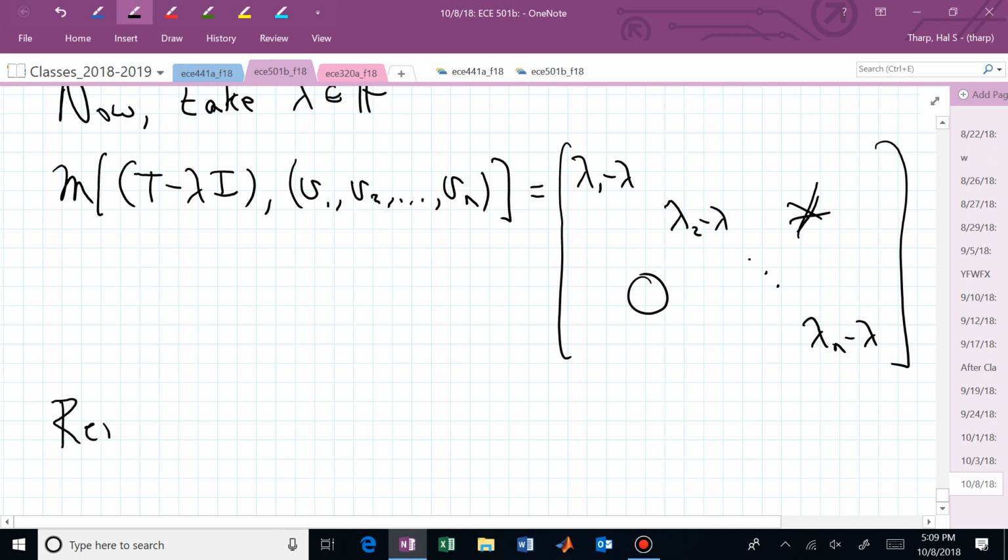And what do we know about the eigensolutions of that linear operator?